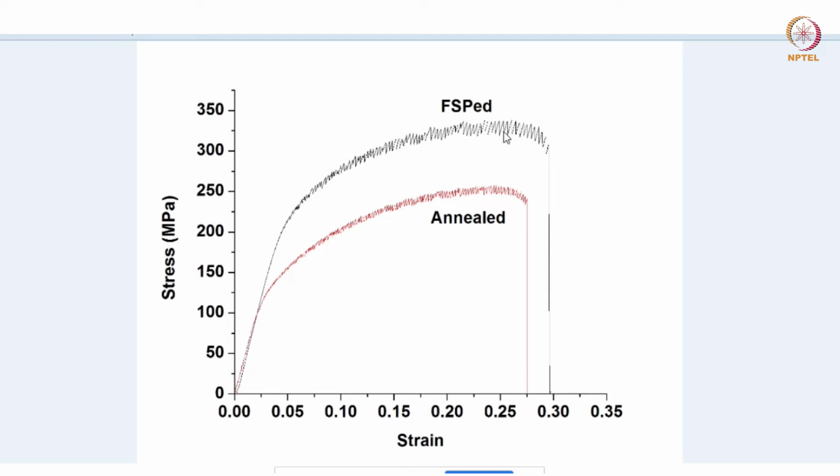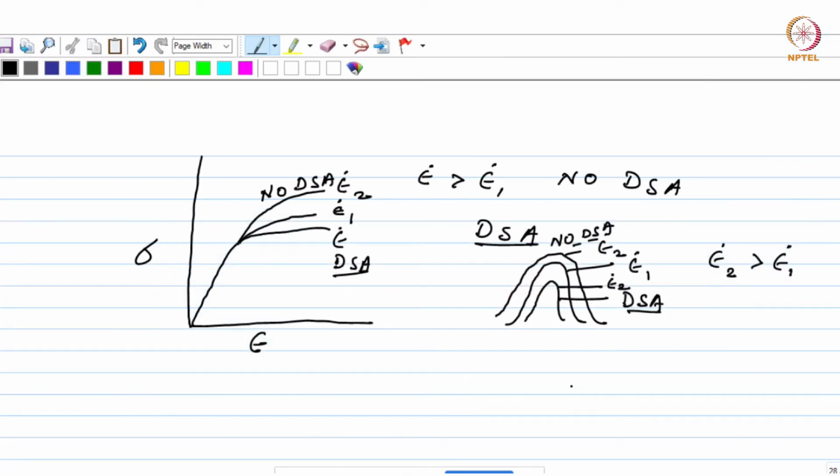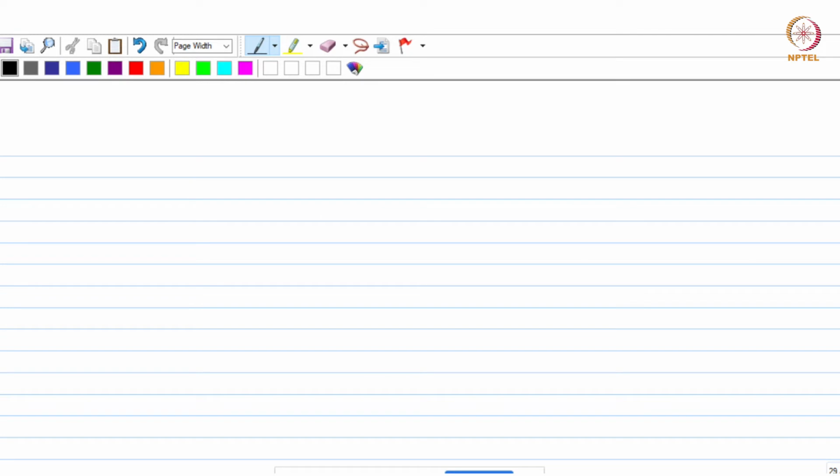So why this kind of serrations appear? The dislocation mechanism, just now we discussed. But there is another theory proposed by Penning to explain this kind of serrations when DSA occurs, right? So the theory goes by the name Penning theory, after the name of the person who developed this theory.